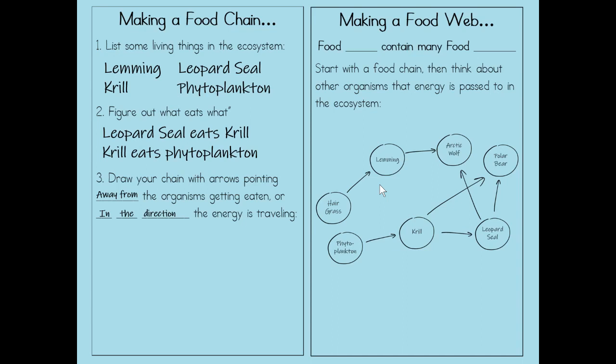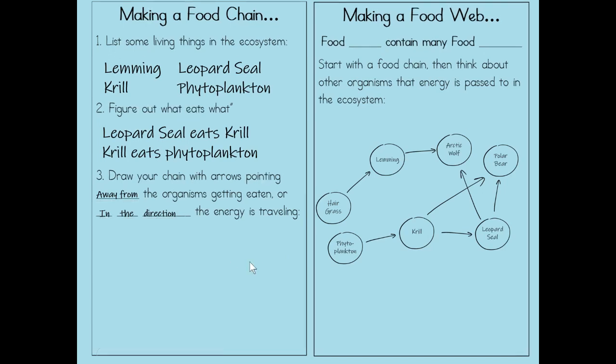Now, the last part is to draw your food chain with arrows pointing away from organisms being eaten. This is because the energy in the ecosystem is moving from the organism being eaten to the organism eating it, right? So the energy is going to be shown moving in that direction.